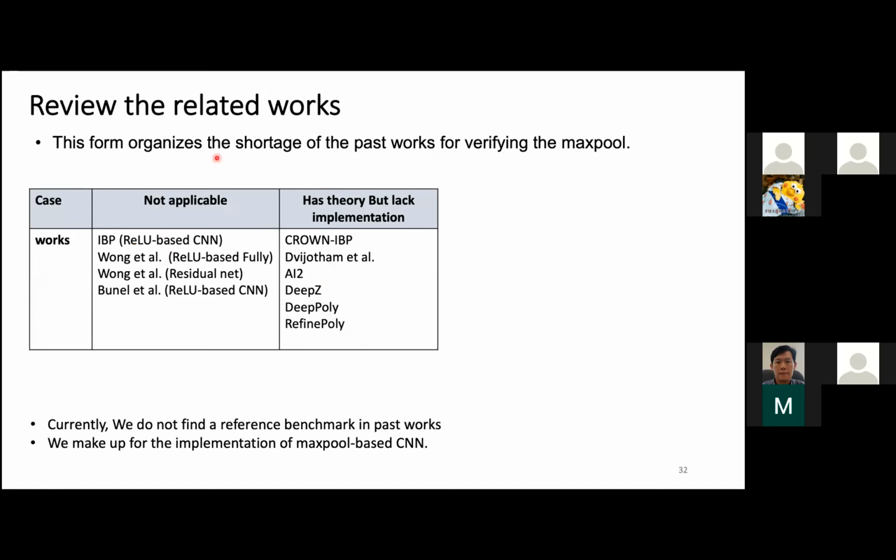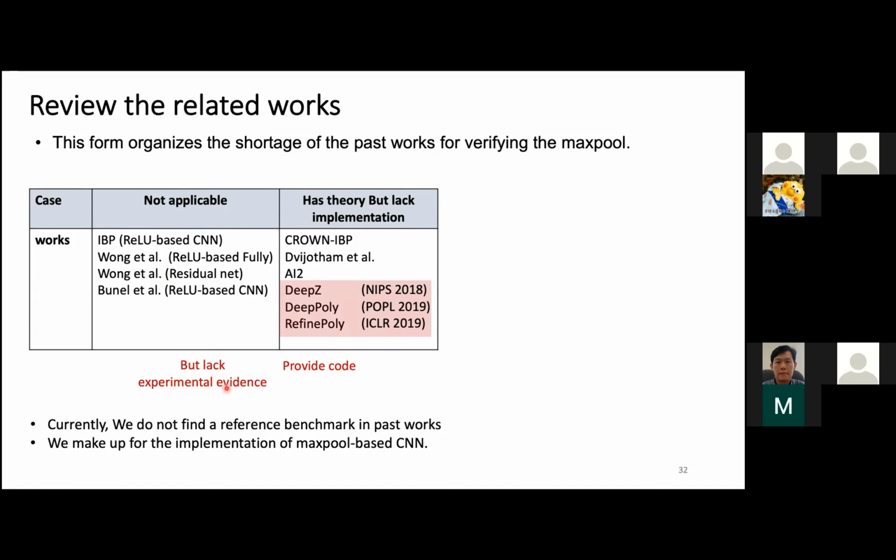This table organizes the shortcomings of the previous works for verifying the maxpool function. The first case is not applicable. In this case, we don't consider them because they don't analyze the maxpool function. The second is that they have the theory but lack the implementation. And among these works, we found 3 works that provide code, but unfortunately, they lack experimental evidence.